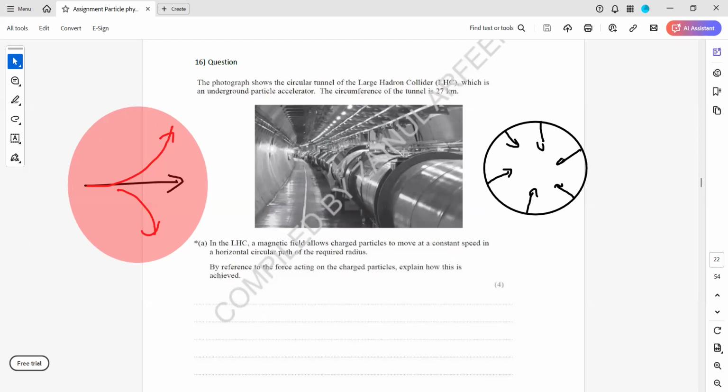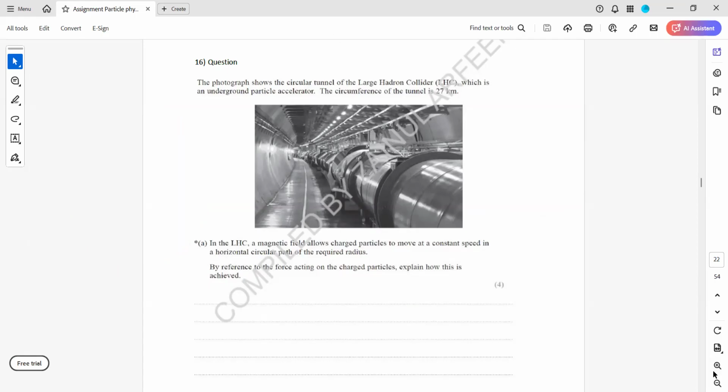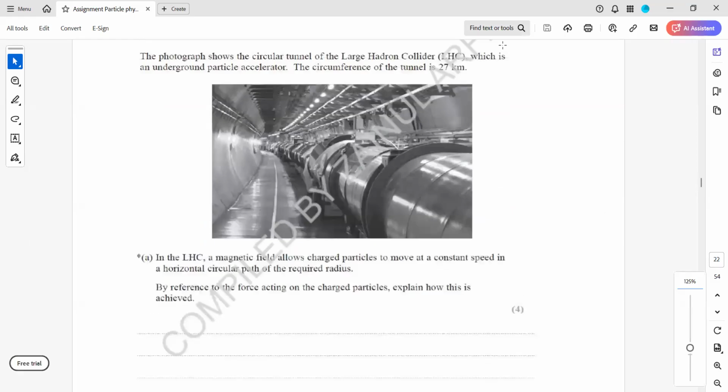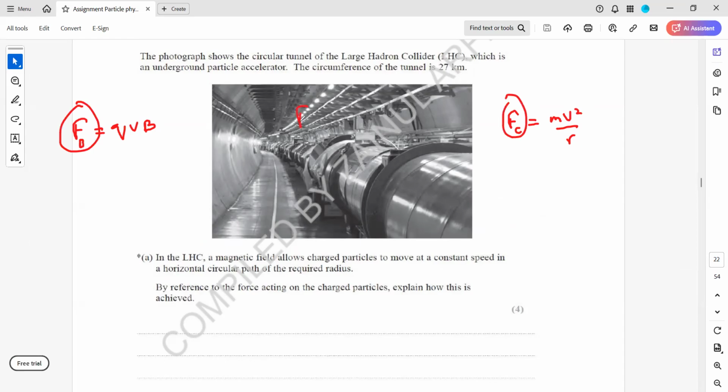That is 2 points. Then the second thing is the force on the charge in a magnetic field. Whenever a particle is in a magnetic field, the force on the charged particle is QvB. That is the magnetic force. And whenever an object moves in a circular path, the centripetal force is mv²/r. Because the magnetic field is causing a circular motion, the magnetic force will be equal to the centripetal force.